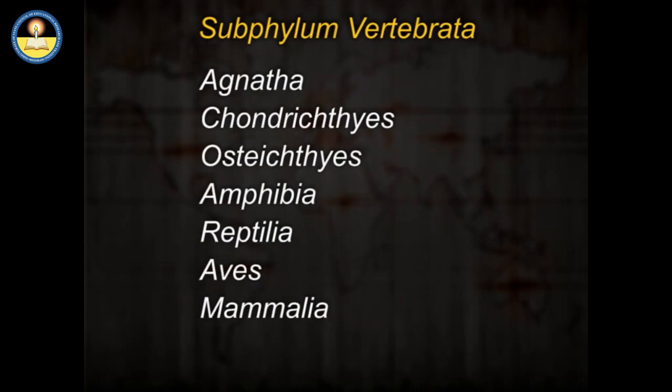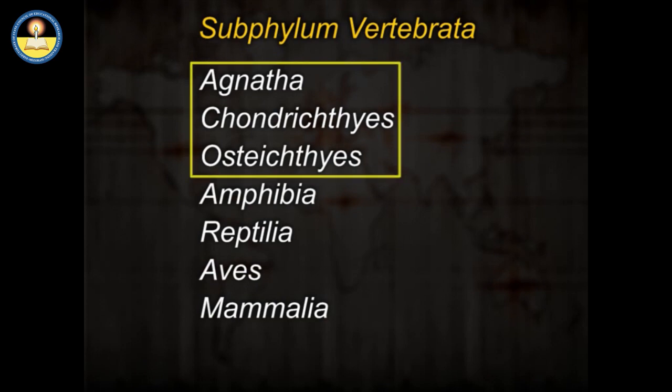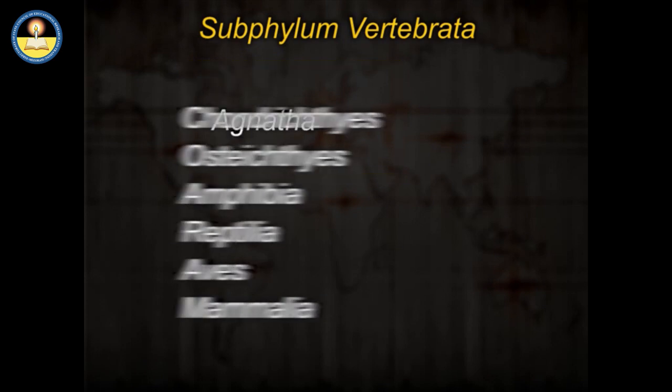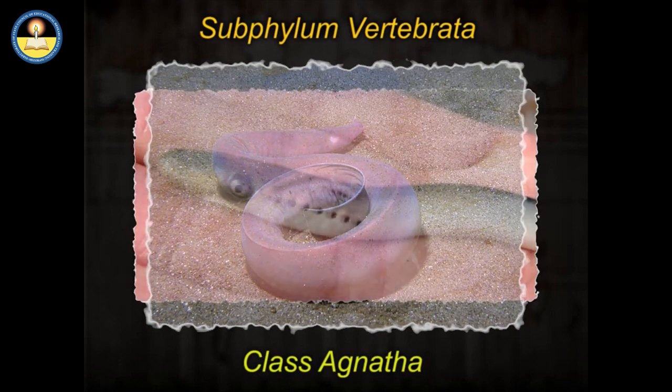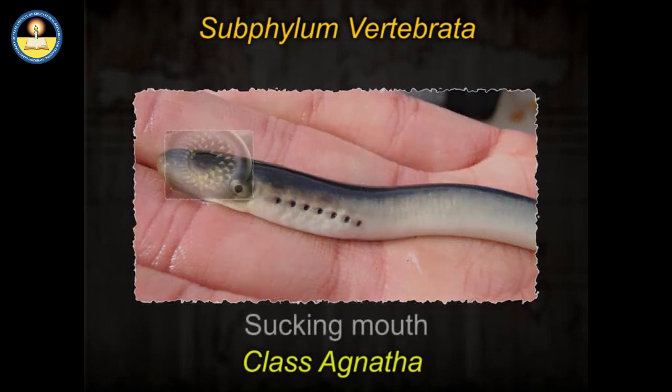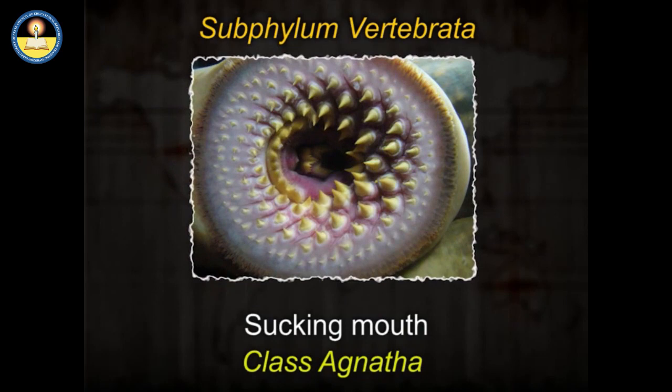Out of 7 classes of vertebrates, 3 classes are of fishes. The most primitive of these is Agnatha. It consists of jawless fish that do not have scales. These are vertebrates that possess a circular mouth which is of sucking type.